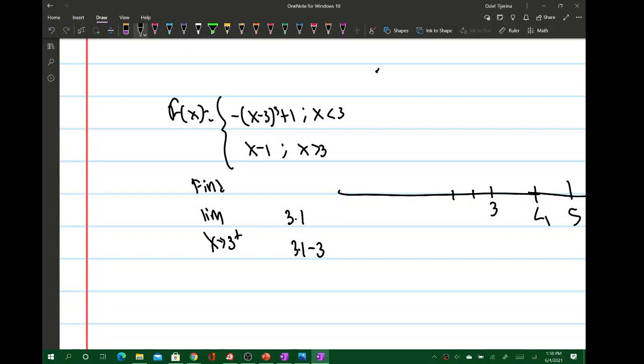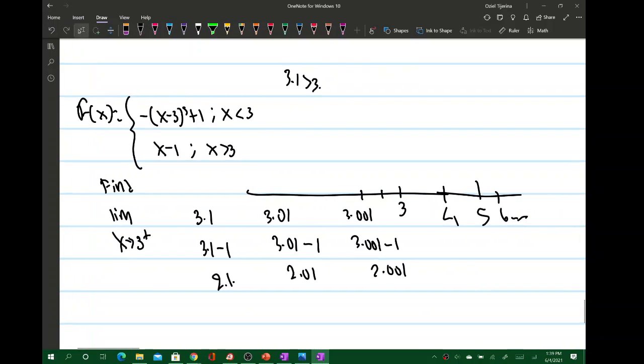Because I know that 3.1 is greater than 3, right? My bad, minus 1, excuse me. That's 2.1. Well, what about 3.01? 3.01 minus 1 is just 2.01. What about 3.001? 3.001 minus 1 is 2.001.